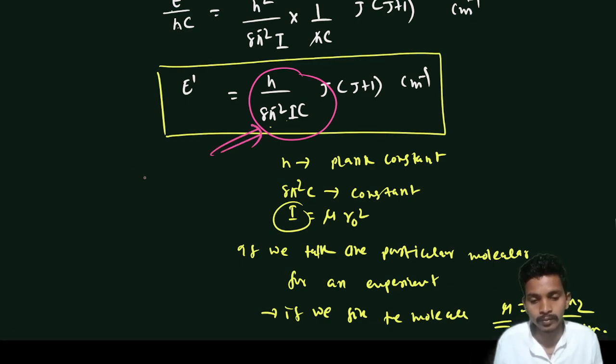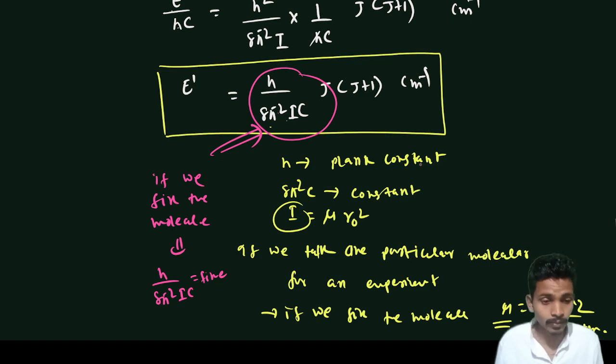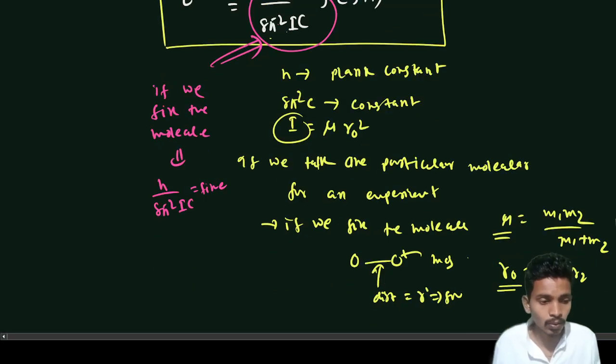So if we fix the molecule, then h upon 8 pi square Ic is fixed, so this becomes a constant for one particular molecule.